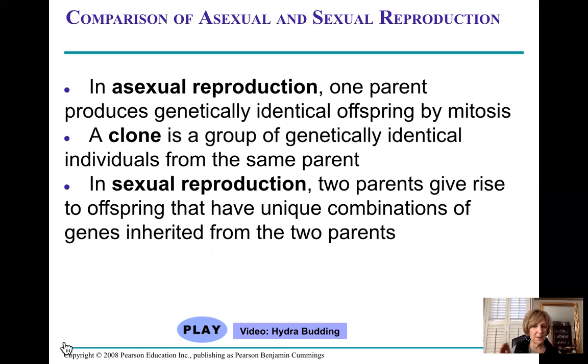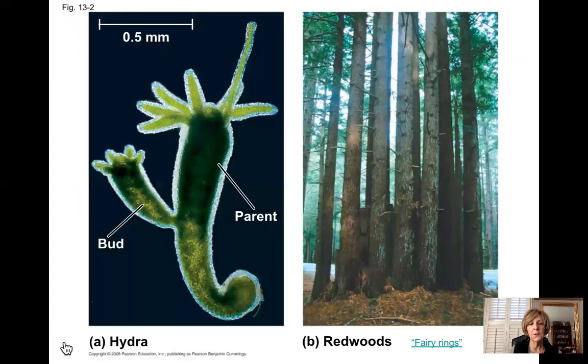Now there can be some differences due to mutations, but basically that is going to be a clone of the parent. In sexual reproduction, we have two parents that only give half of their genetic information to make a unique combination of genes for their offspring. And there's some good and bad things about that as far as evolution is concerned.